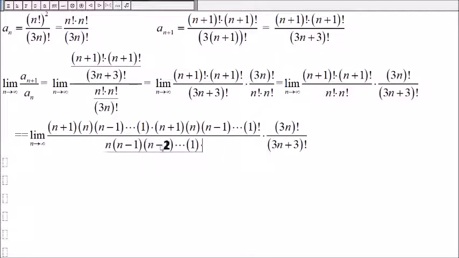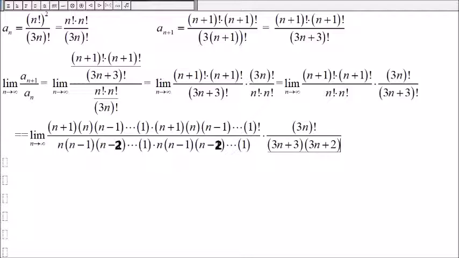And same thing for this one. And then the 3n plus 3 factorial, that's going to be 3n plus 3, and then 3n plus 2, and then 3n plus 1, and then 3n, and then all the way down to 1.